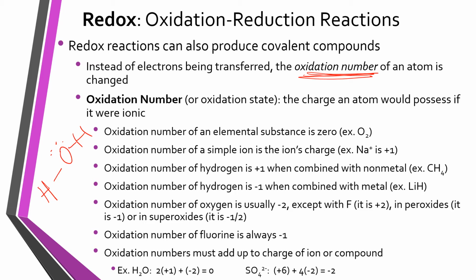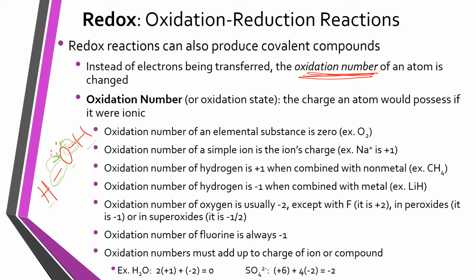So in water, we've got two covalent bonds. In each of these, we've got a hydrogen and an oxygen. Oxygen is much more electronegative than hydrogen. So if we think of this like a tug of war, oxygen would win, and so these electrons would go to oxygen.